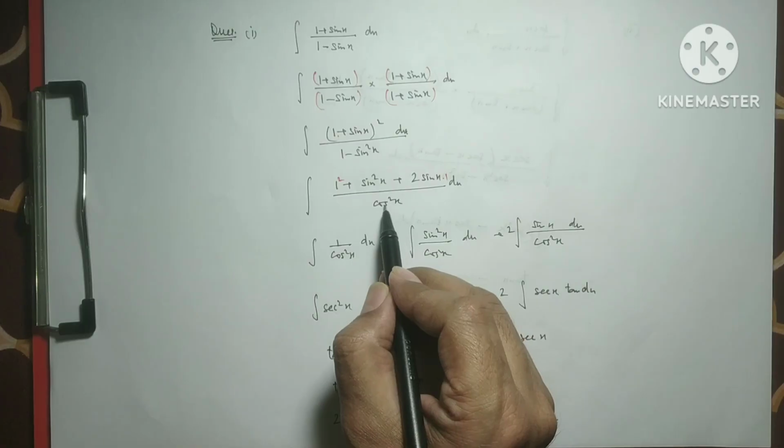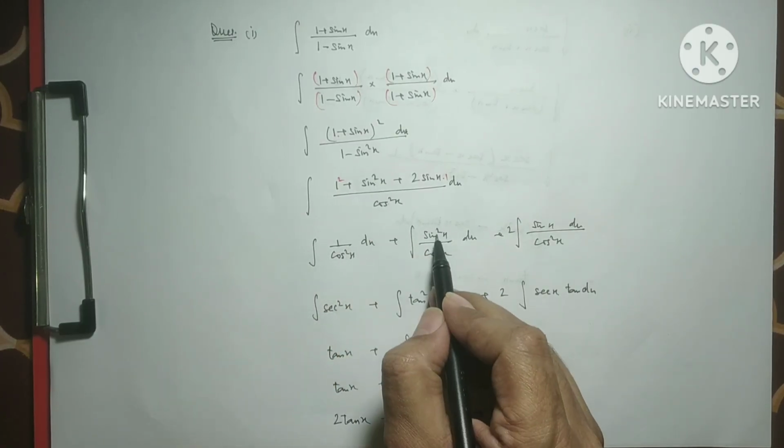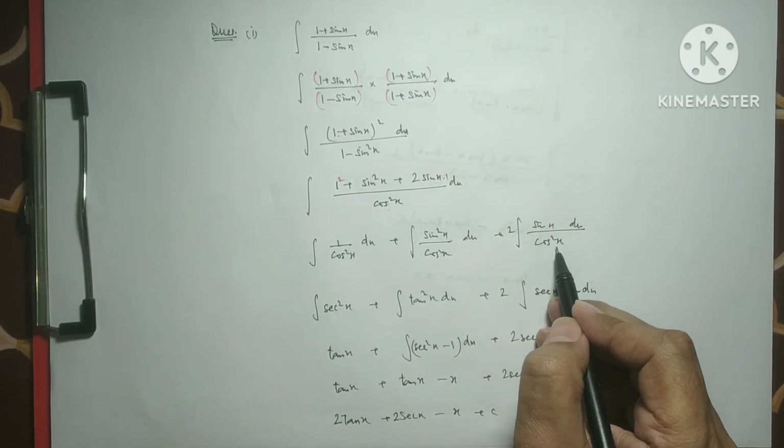So we separate this: 1 over cos square, sin square over cos square, and 2 sin x over cos square.